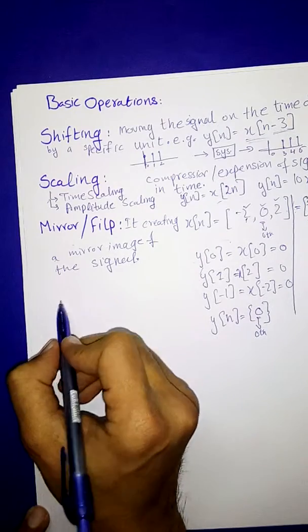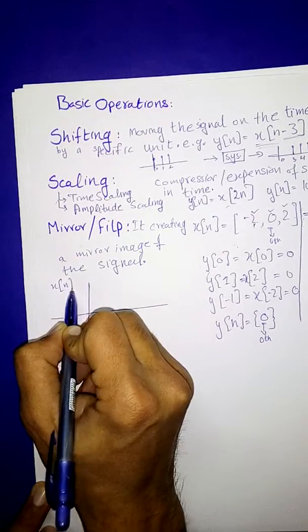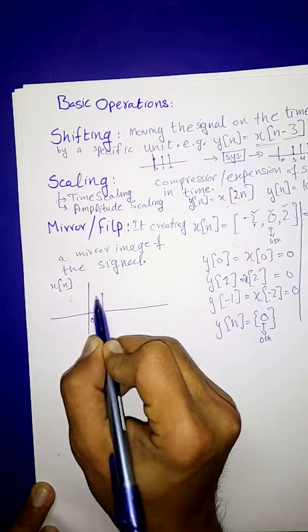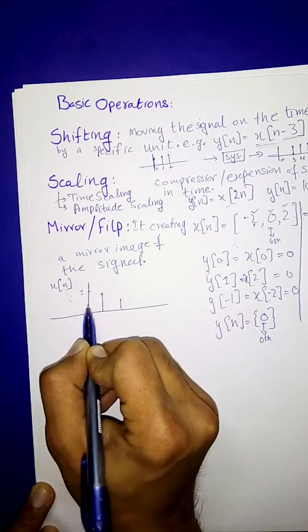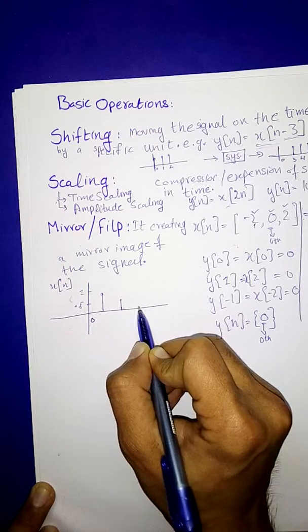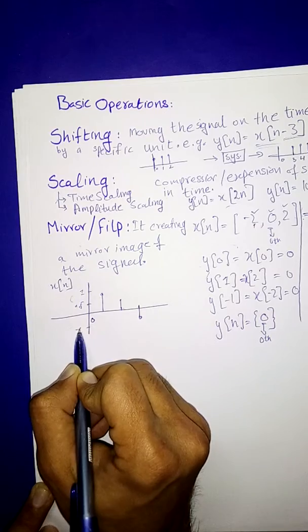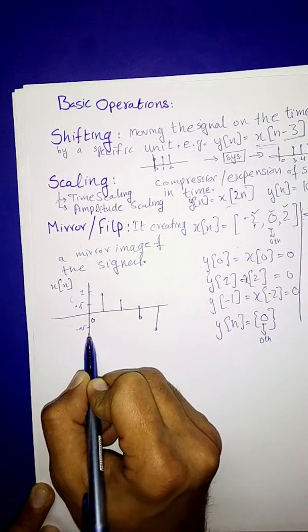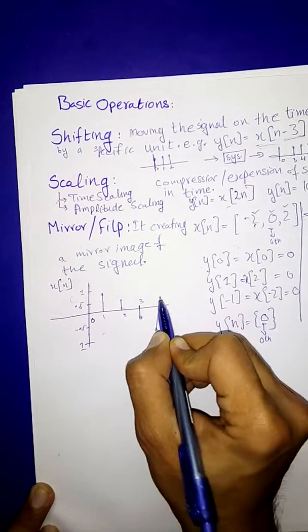So if we have this signal, suppose this is x of n, 0, 1, 0.5, -0.5, 1, first, second, third and fourth position.